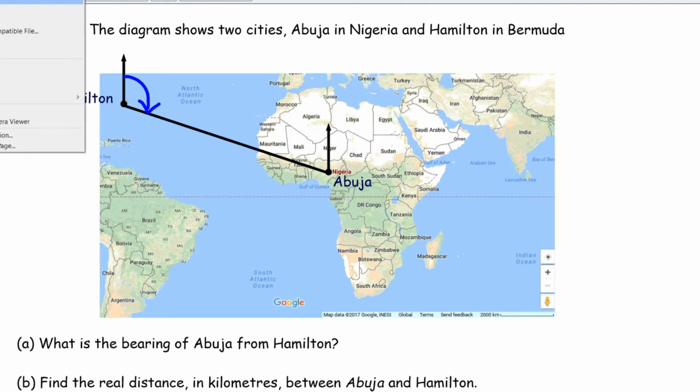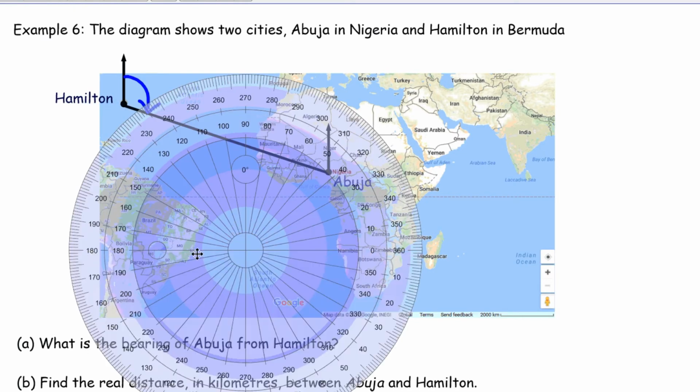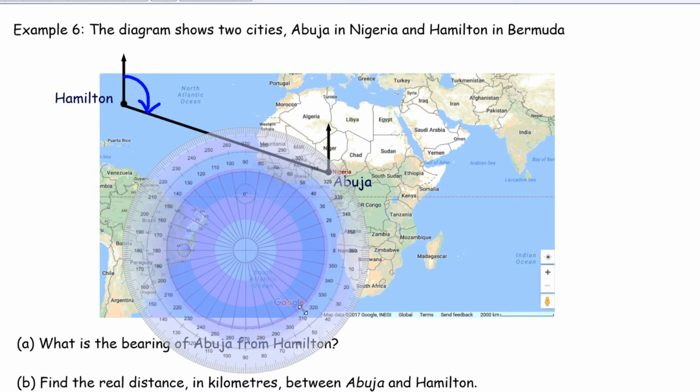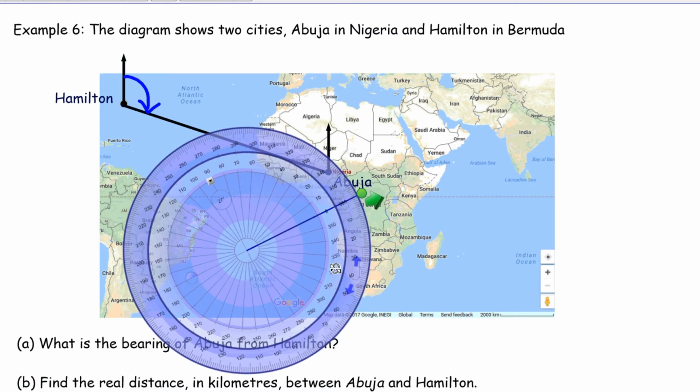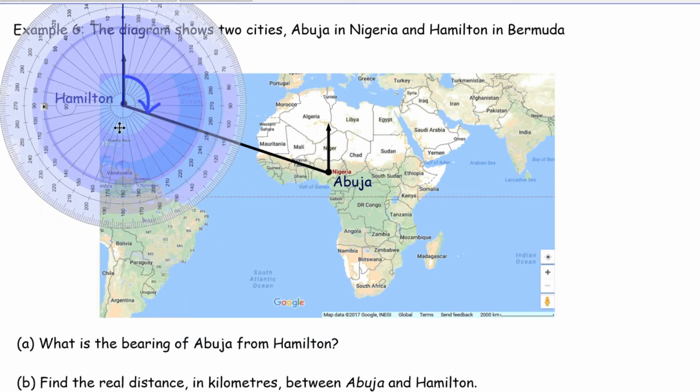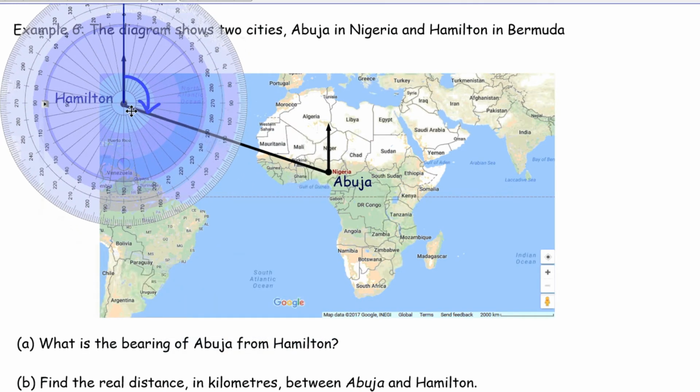So again, insert measuring tool. Okay, we have the protractor there. I need it a little bit smaller. The 0 mark should be facing north. All right, so let's go. We have it there.